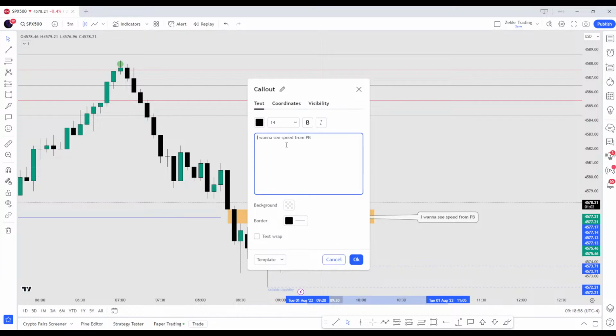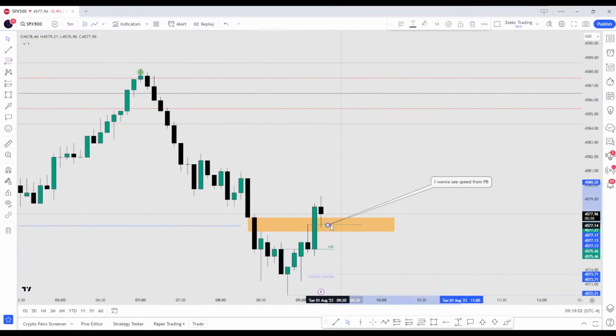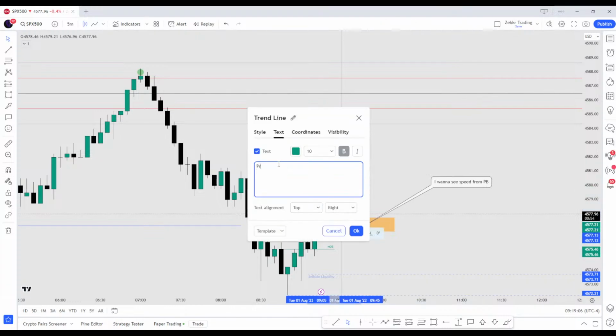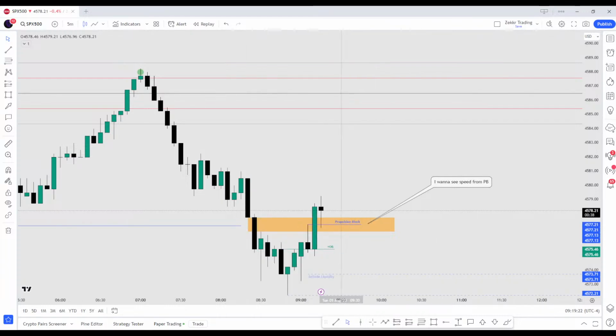ICT propulsion block, which is right here. And we'll do it blue because why not? So order block, propulsion block.